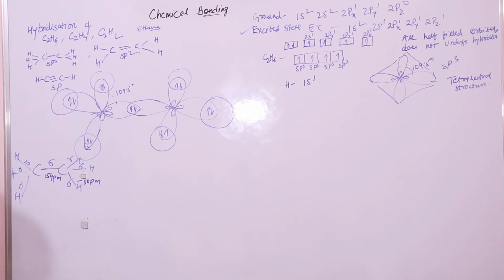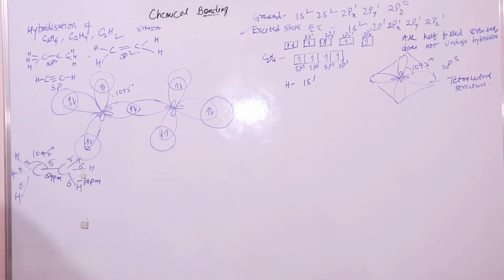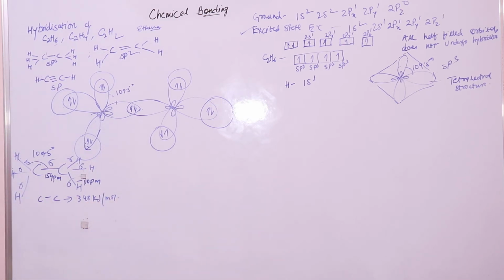And HCH angle is 109.5 degree, right. And bond dissociation energy is 348 kilojoules per mole, right. Bond dissociation energy of CC bond, right. So this is your ethane molecule.